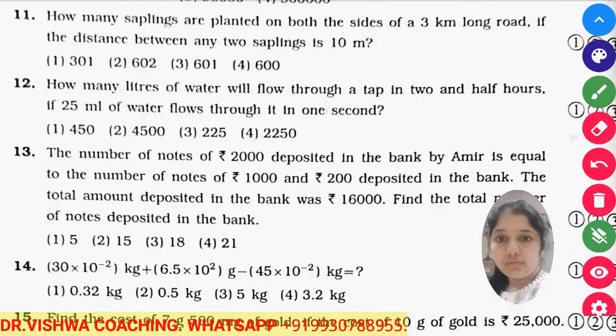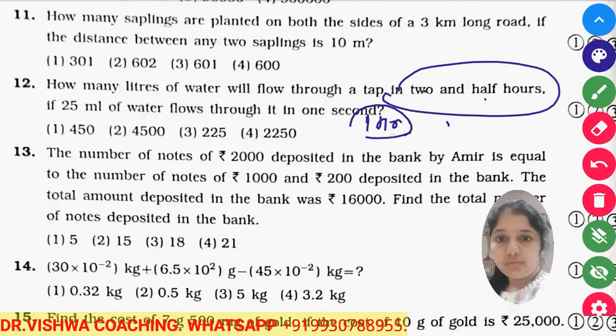Okay. Now how many liters of water will flow through the tap in 2.5 hours if 25 ml water flows through it in 1 second? Now you have to convert this 2.5 hours into seconds. So 2 hours is equal to how many seconds? We had just calculated that 1 hour is equal to 3600 seconds.